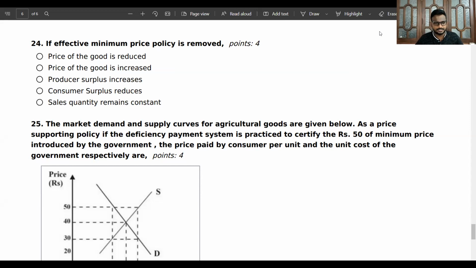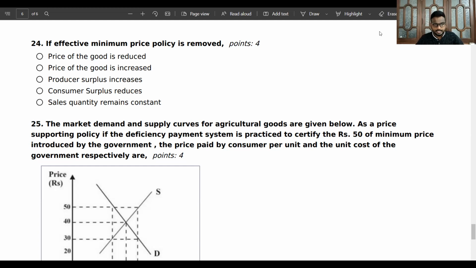Minimum price is all about this: whenever the market equilibrium price is kind of unfair to the producer, the government steps in and sets an artificial legal minimum price to protect the producer. That simply means if the government says 10 rupees is the minimum price, no one can sell the product below 10 rupees. 10 would become the lowest price that can be charged for that particular good.